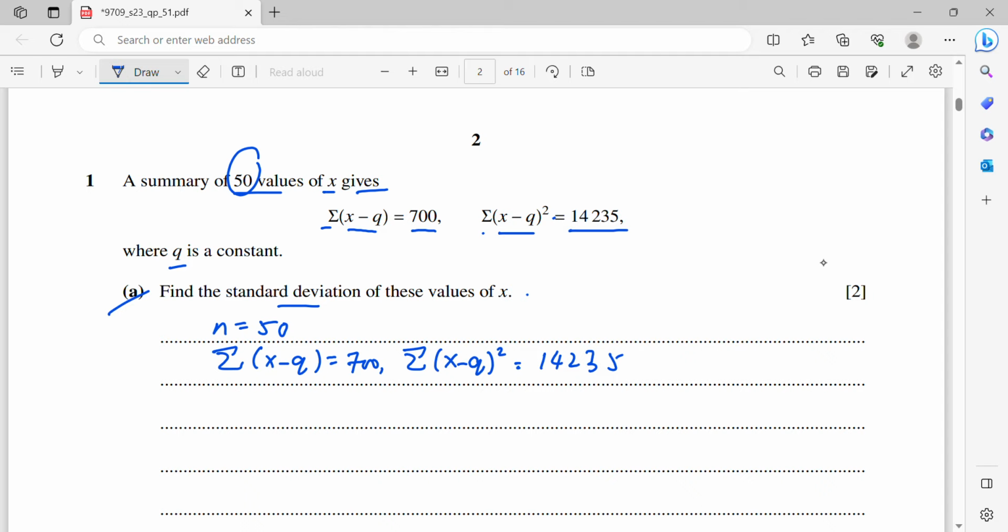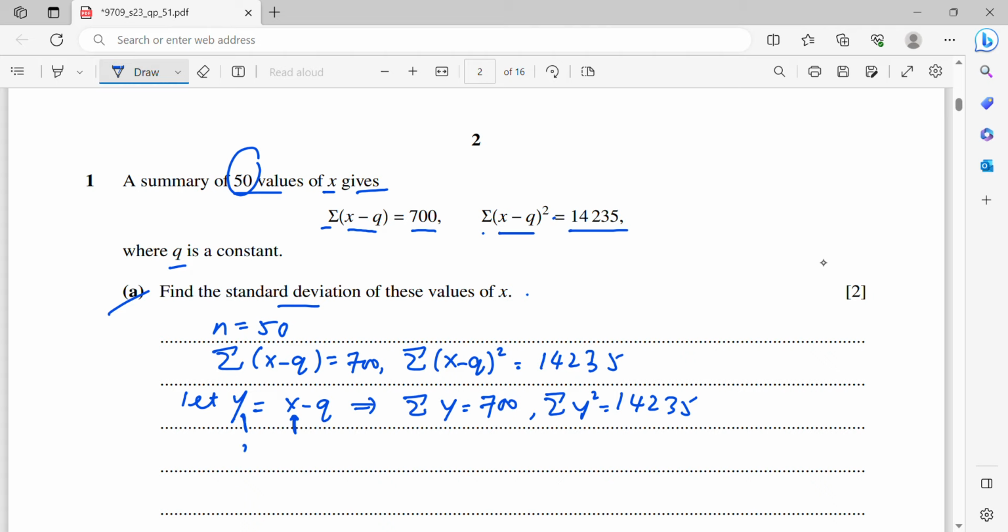Now, you are given summation of x minus q, so I may use the coding method, alright? Let y equal x minus q, which means summation y equals 700, and summation y squared is 14235. Now instead of getting the standard deviation of x, I can find the standard deviation of y first.